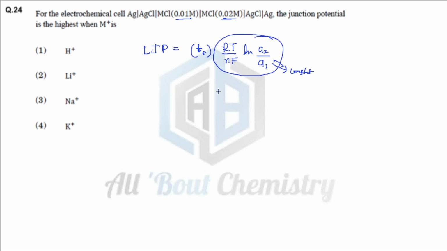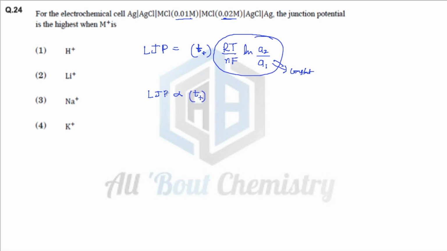So the only thing which is going to change, based upon the ions or different metals, will be the transport number, right? So for the given condition, your liquid junction potential is going to be proportional to the transport number.